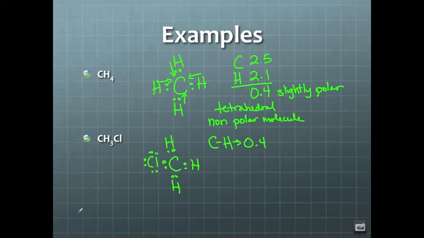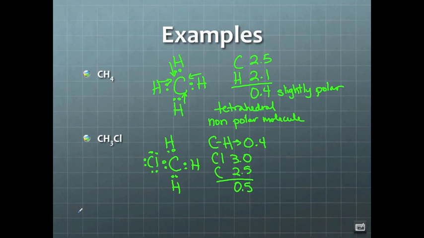So if Cl is 3 and C is 2.5, that gives us a 0.5 electronegativity difference. It's slightly more polar than CH was.